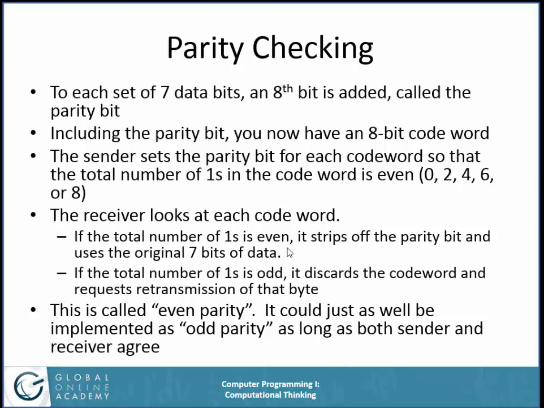It's possible for 2 bits to have gone bad in exactly the right way, and that you wouldn't notice that error, but no 1 bit out of those 8 could be corrupted without you knowing. So if the total number of ones is even, it strips off the parity bit and then uses the original 7 bits of data. If the total number of ones is odd, it discards this code word and then requests from the sender a retransmission of that byte.